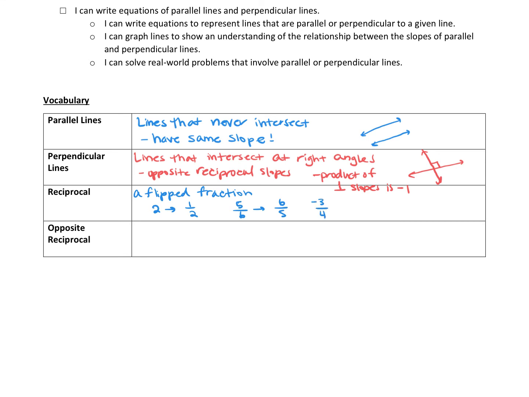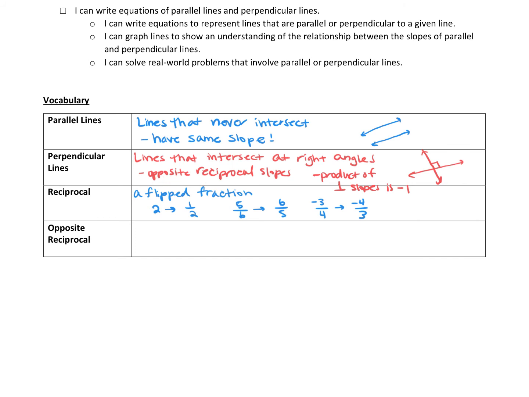A -3/4, if we flip that, is going to be a -4/3. You guys know me, I always keep my negative on the top number. So when you flip your fraction and you're just finding your reciprocal, it's still negative, so the negative would go on the top. All right, so that's the reciprocal part, but what is an opposite reciprocal?